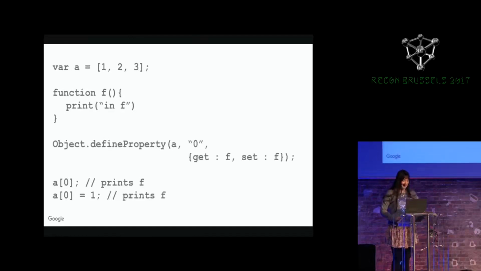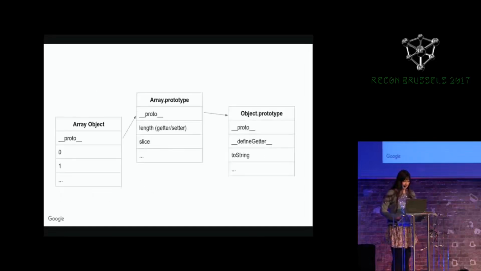You have your array, and then you call Object.defineProperty, and you add a getter and a setter to this array, and then if you change it, it will call this getter and setter. And what's even weird is that quite often if you use internal properties of an array, let's say you call array.push on that, it will still trigger this accessor, and that can do all sorts of things that the developer wasn't expecting.